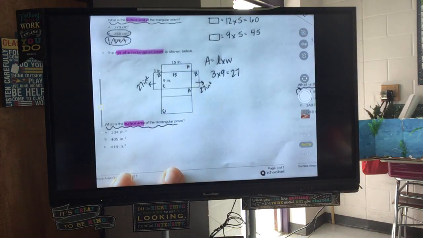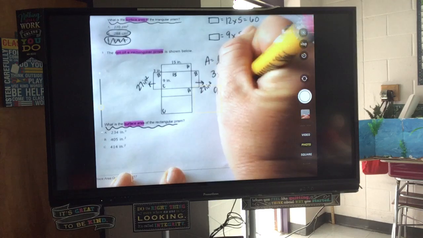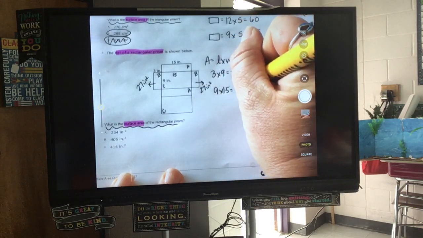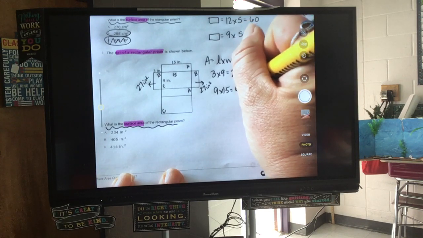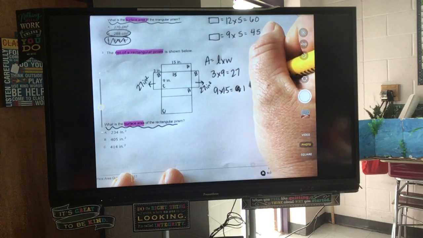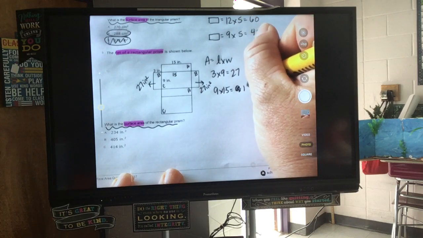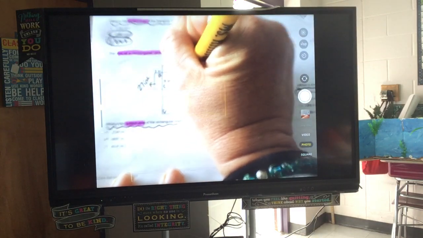From the very top rectangle, after you put 15 down. Okay, so this one's gonna be 9 times 15, which gives us what? Callie? 135. All right, so this one is 135.